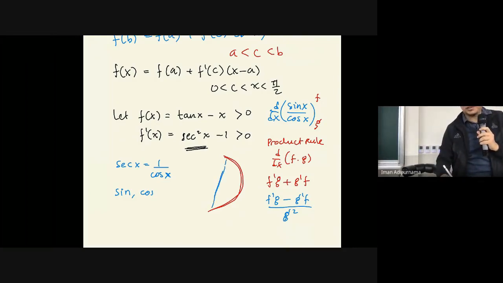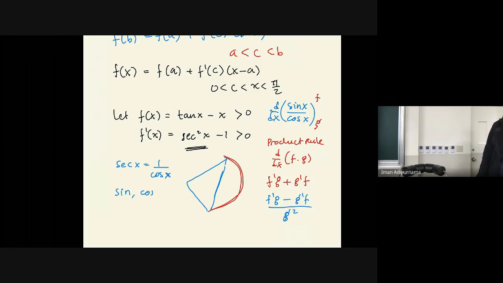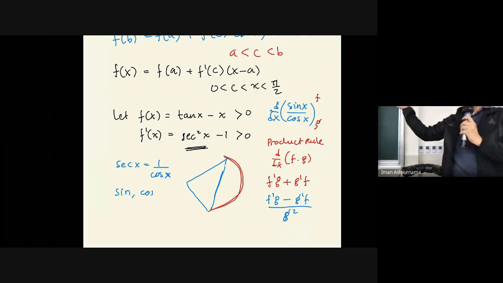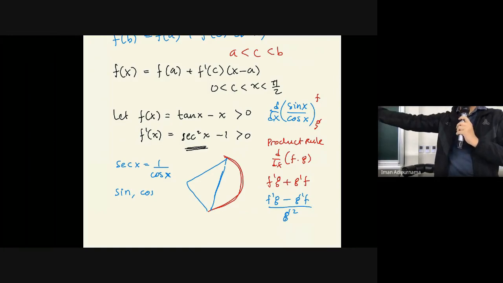This blue one is the string. When you pull the string, it makes this line. And they created a formula from this shape to define the angle and the line.